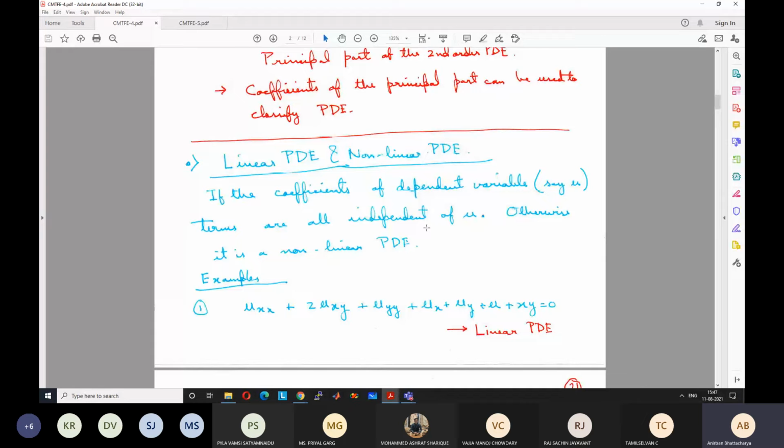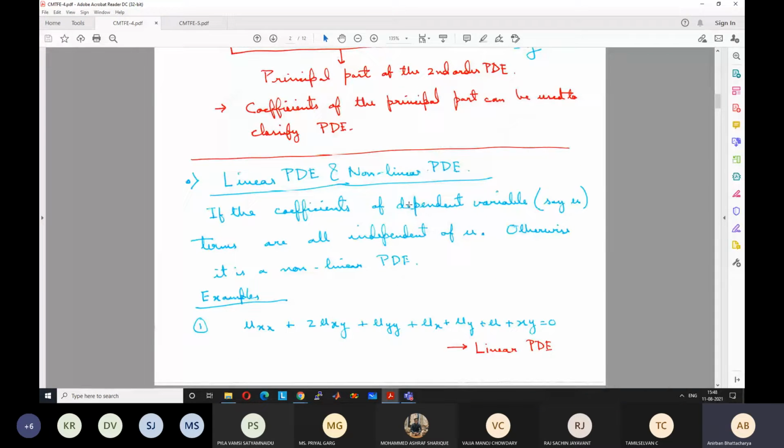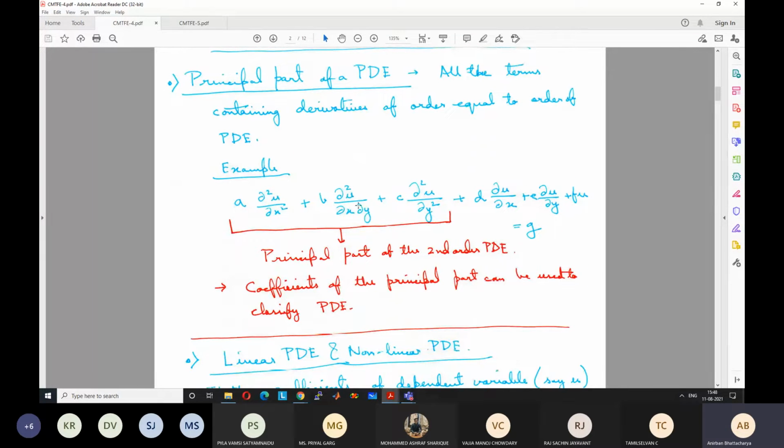Now let us take a look at another classification: linear PD and non-linear PD. This is the general second order PD. The dependent variable is u.